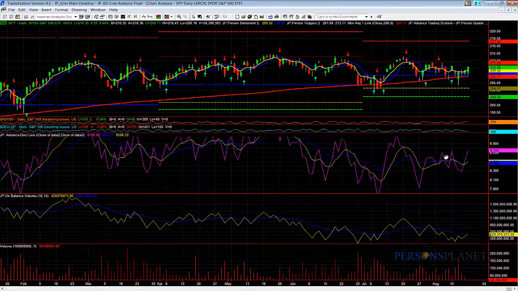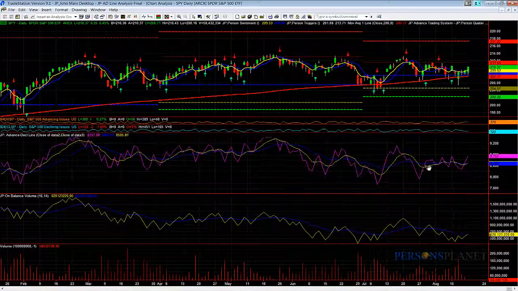Next, you'll notice that we have 3 colors. Purple is the actual AD line. Blue is a longer-term moving average, and yellow is a shorter-term moving average. So when we look at both moving averages crossing over, both pointing up, and the AD line screaming to the upside, this would tell you that we have a larger, higher degree time frame change in the breadth of the market.